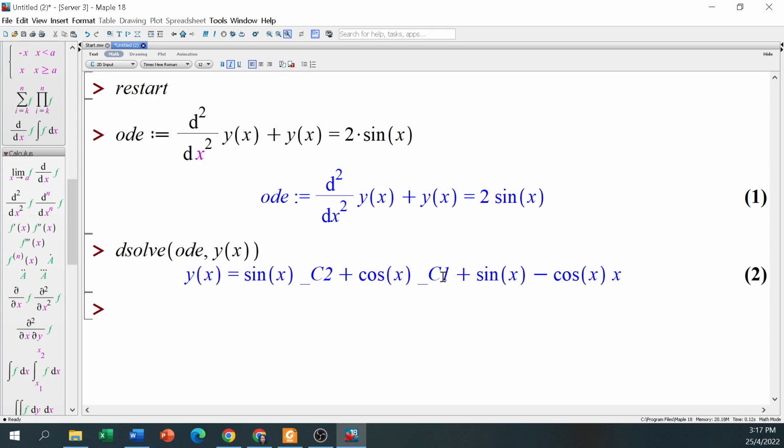So C1 you can tally with A, so you have A cos x. C2 is B, so A cos x plus B sin x. The sin x here you can collect into the term C2 sin x. So the yp is actually only negative x cos x.